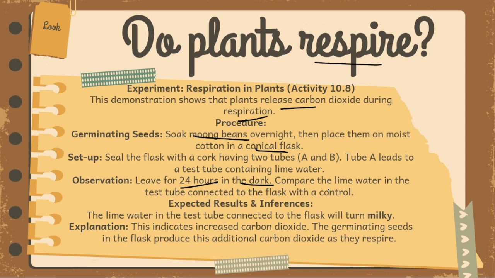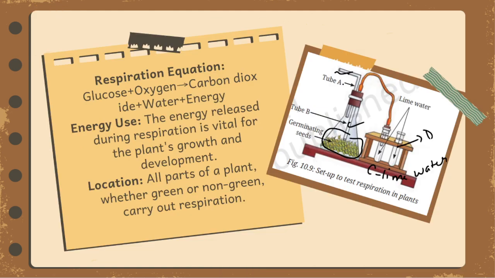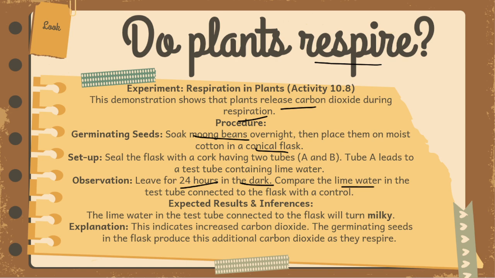Now you will compare the lime water in the test tubes. The lime water in the test tube which is connected to the flask, that is test tube C, will turn milky. Why? Because this indicates that carbon dioxide has increased. So what is the indicator of oxygen? The indicator of oxygen was that a flame burned brightly when a matchstick was lit. But for carbon dioxide, the lime water turning milky is the indicator.